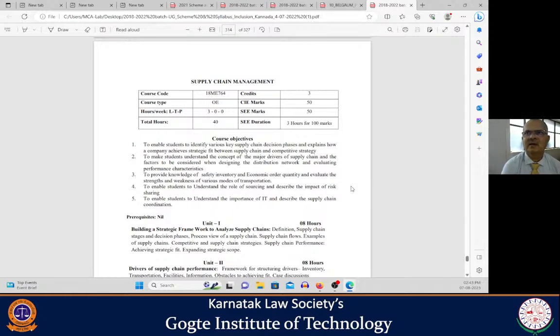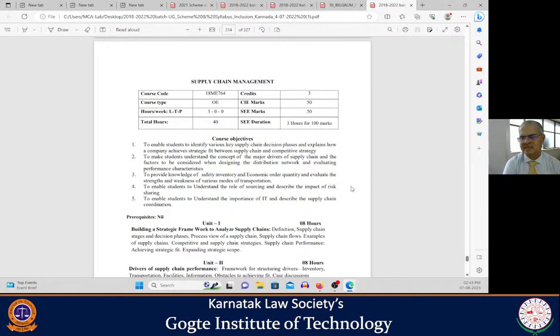Many people relate these three to Brahma, Vishnu, Maheshwara as per Hindu mythology. Without these three pillars, that is ERP, CRM, and SCM, no business can sustain. That's why SCM is important for the entire business.